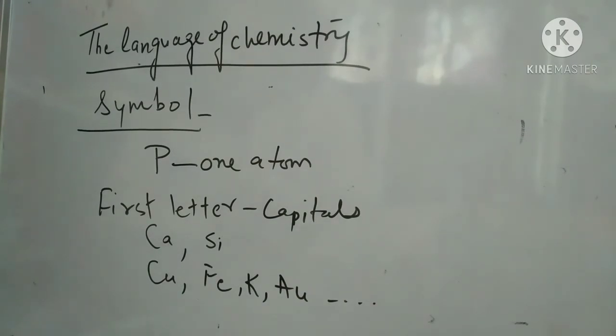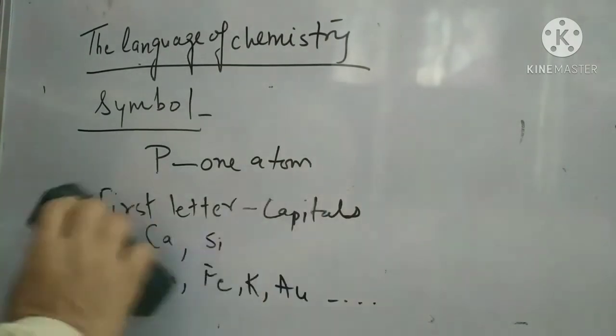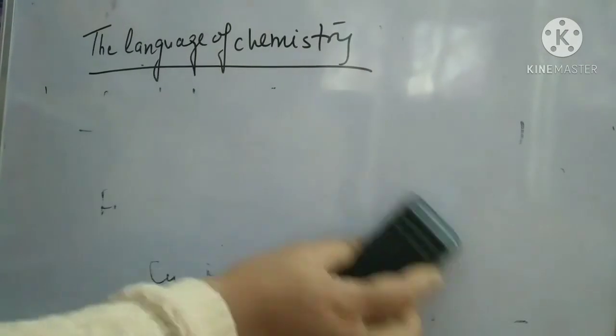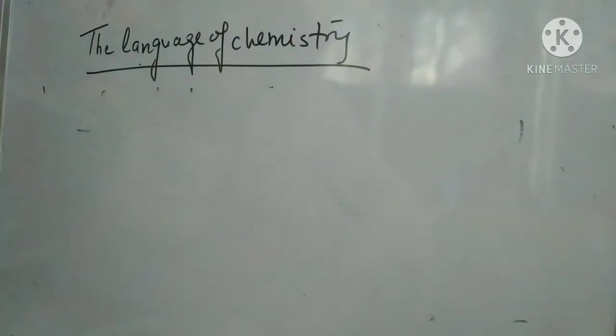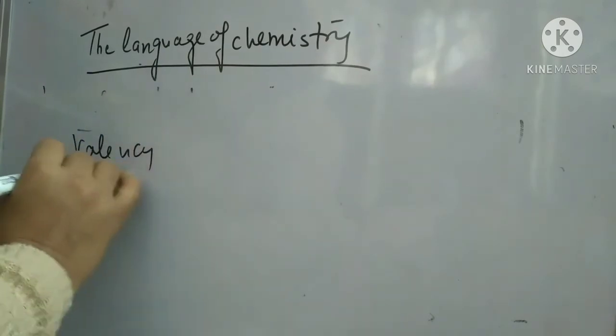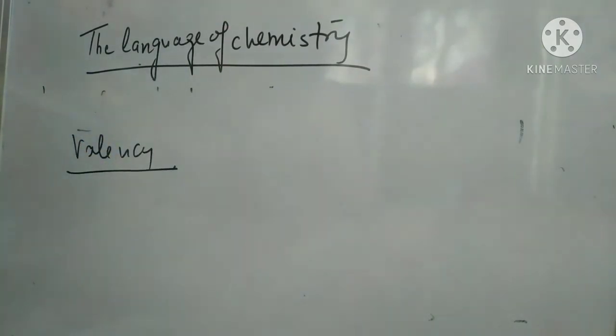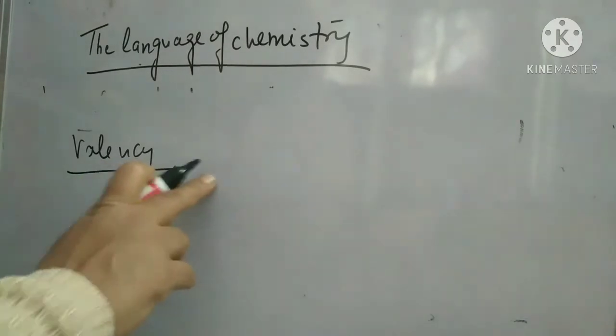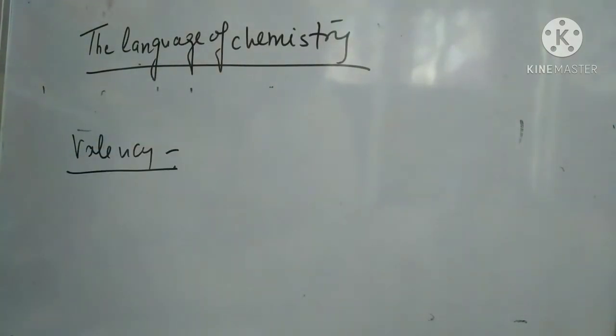Now, coming to the next point, that is valency. Now, what is valency? The number of hydrogen atoms which can combine with or displace one atom of the element or radical so as to form a compound.